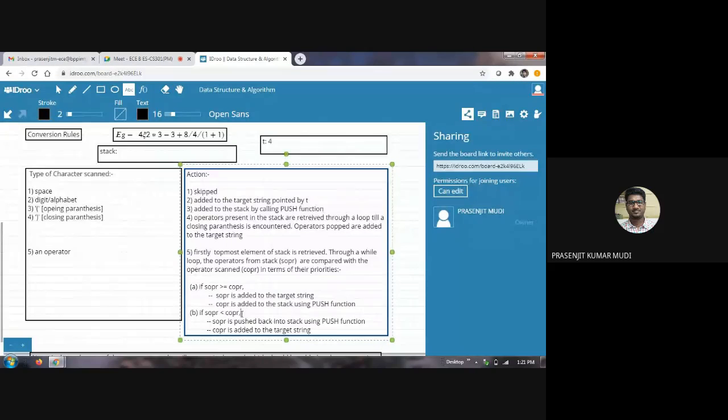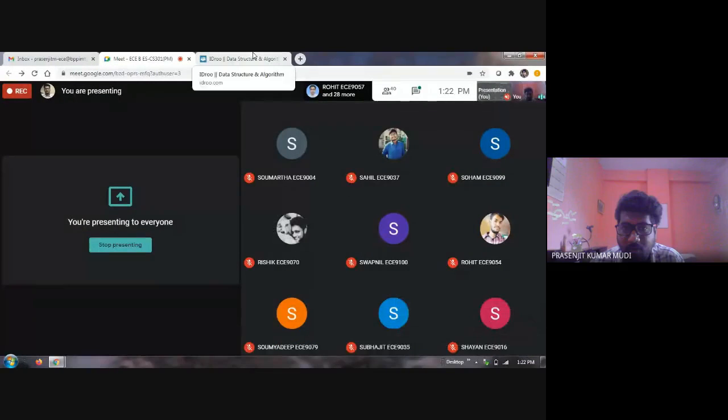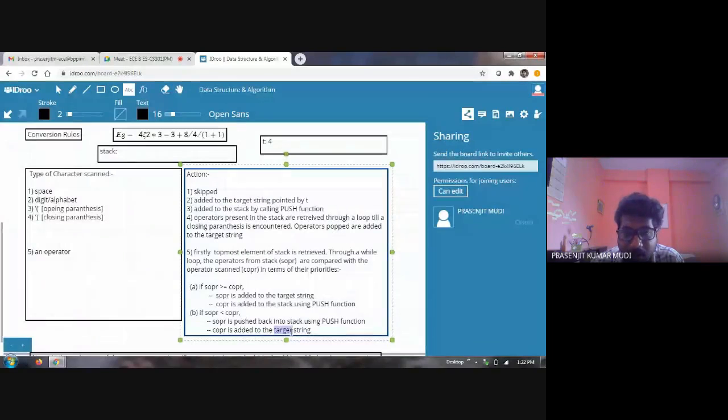COPR is higher, exponentiation is higher. Okay, I was actually silent for some time. Here is the wrong thing.